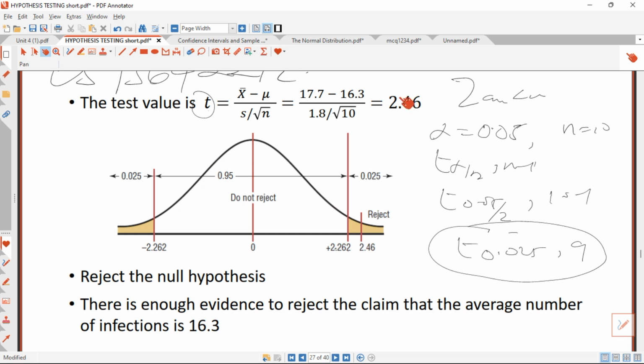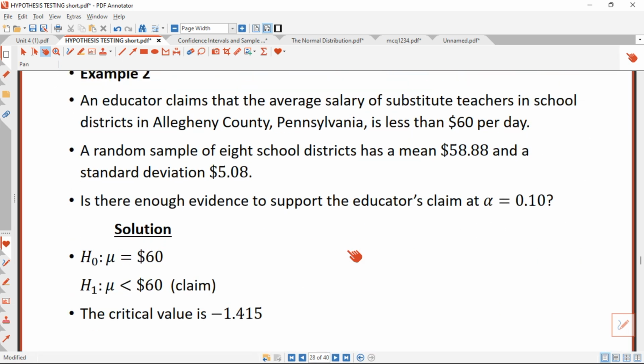And we could see clearly that our critical value lies at the rejection region. So since our T critical is less than T calculated, we are going to reject our H naught, and hence conclude that the claim is that the average number of infection is what? 16.3. Yes. So that is that for that question.